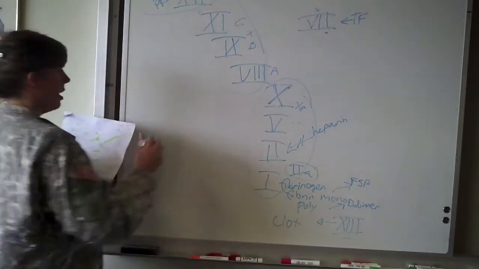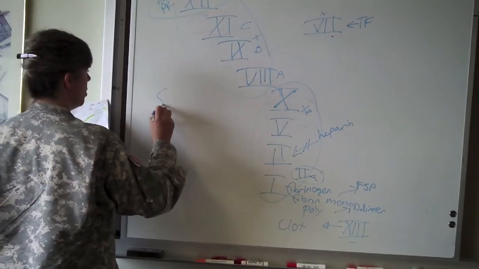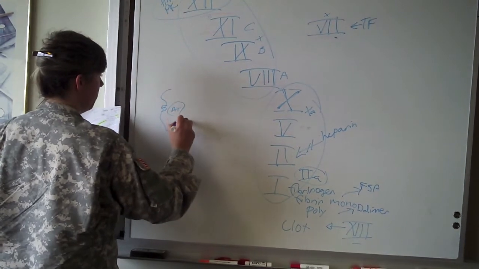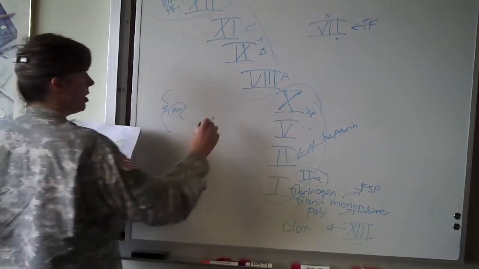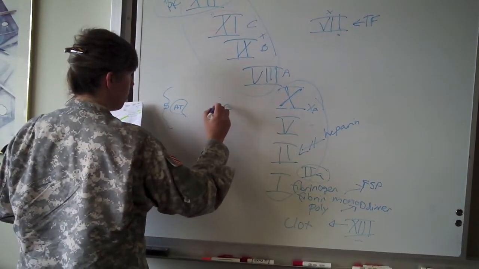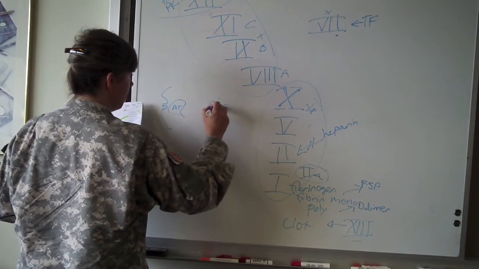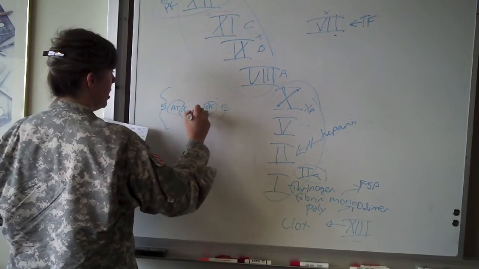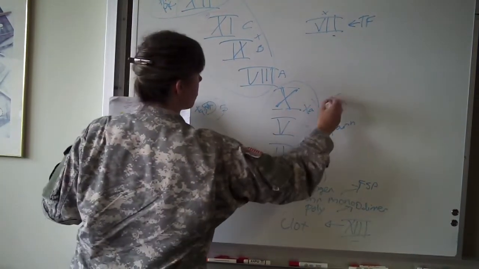So we're going to talk a little bit more about heparin. It's a long molecule with a little pentasaccharide here that binds antithrombin. And then low molecular weight heparin is shorter. It still has this little pentasaccharide that binds antithrombin. And these each, when bound, can inhibit factor 10A, which works right here.